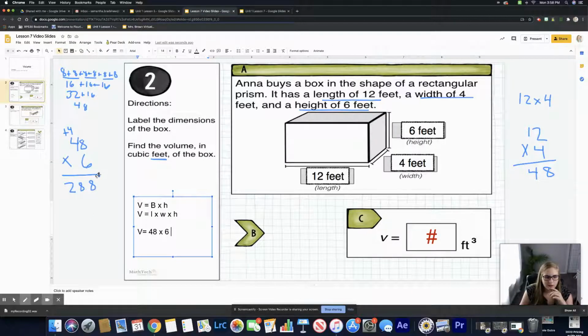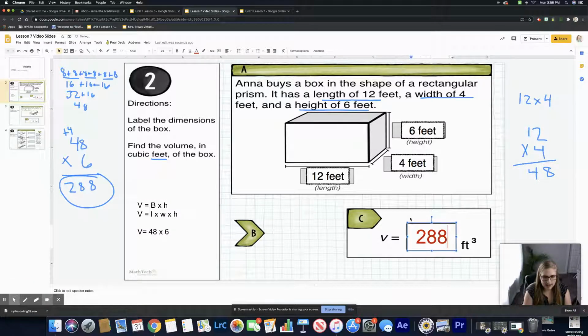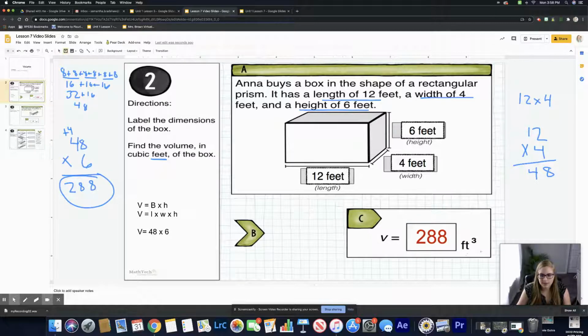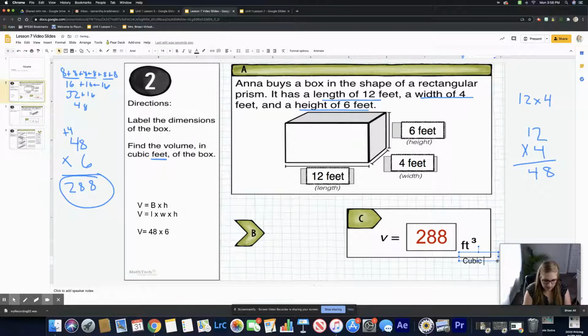So the volume of this figure is 288. But remember, it said we needed it in cubic feet, so 288. And then they put it already here for me, so feet cubed. Or remember the other way that can be written, I'm just going to put it here, would be cubic feet. Either one of those would work.